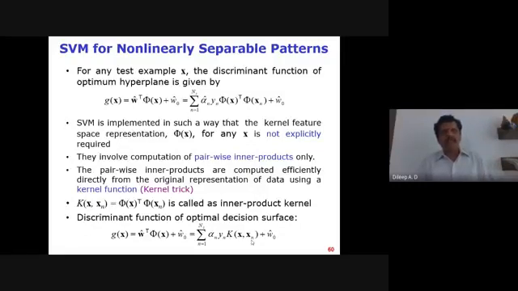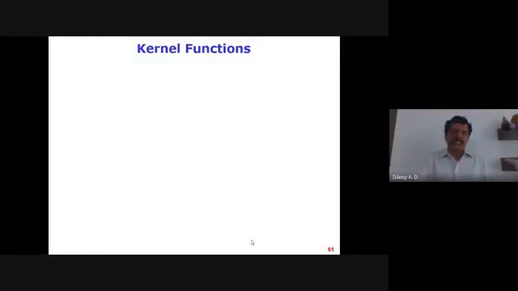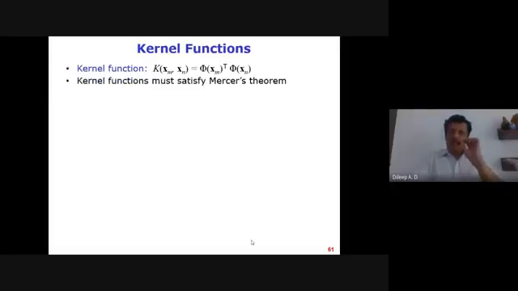Fortunately, yes, we have certain functions. These functions should satisfy some properties associated with Mercer's theorem. We'll see which functions satisfy Mercer's theorem, so that we can blindly use them as kernel functions instead of doing the explicit transformations.